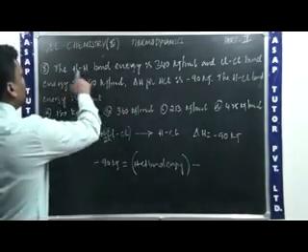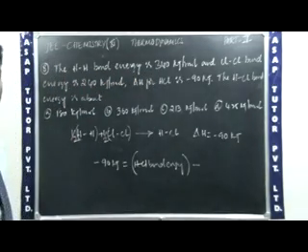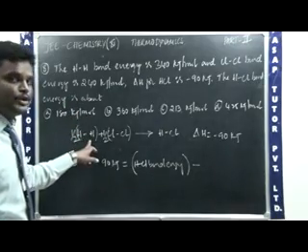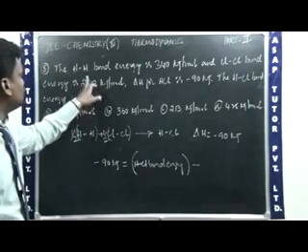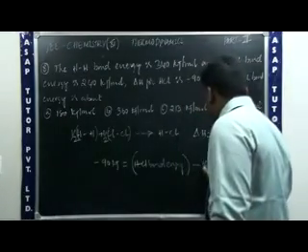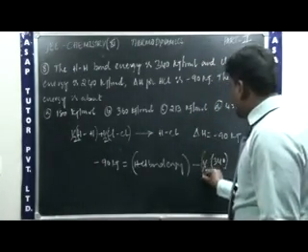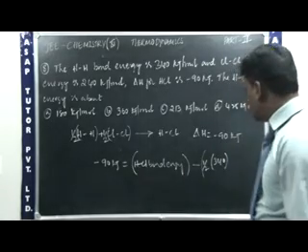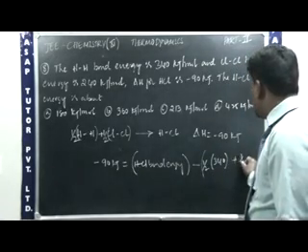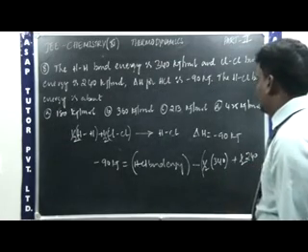Here they gave only the HH bond energy, that is 340 kilojoules per mole, into half of H2. Therefore, it becomes minus 1 by 2 into 340. You can take the negative sign as a common factor: 1 by 2 into 340 plus 1 by 2 into, for Cl2, they are mentioning here 240 kilojoules per mole.